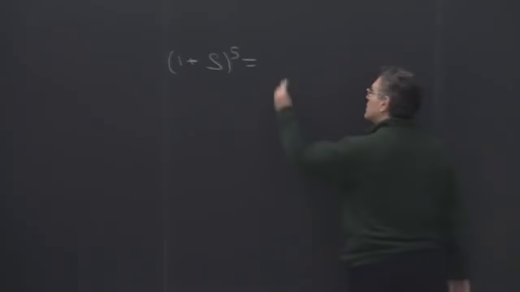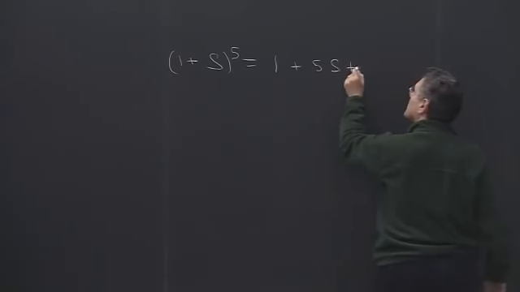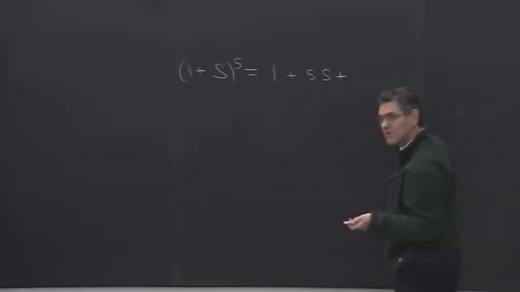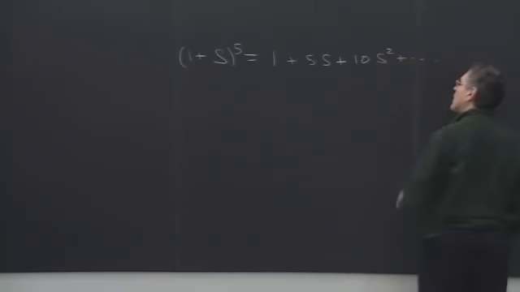Okay, well, the first term is 1, and then we have 5 times that something, plus 10 times that something squared, and so on.